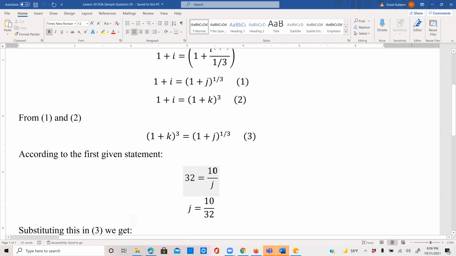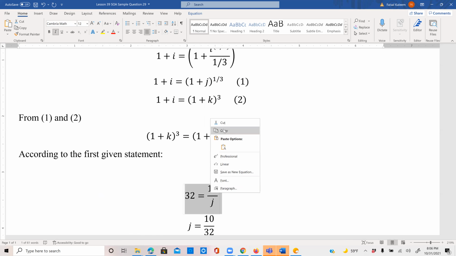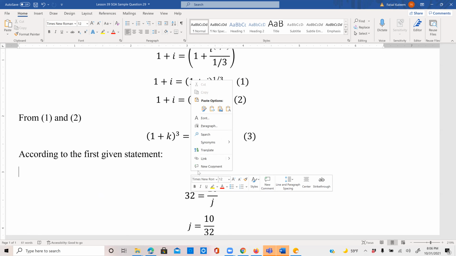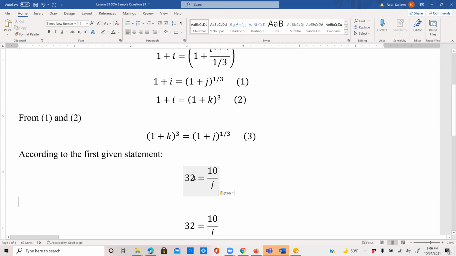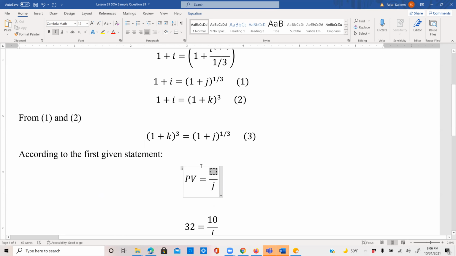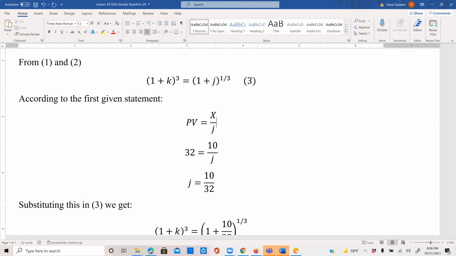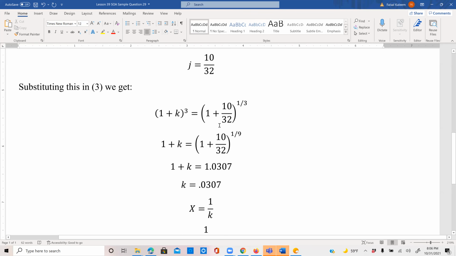So X is 10, and maybe we can even do that step here. Present value equals X over J. The present value is given to be 32, X is 10. So J comes out to be 10 by 32.